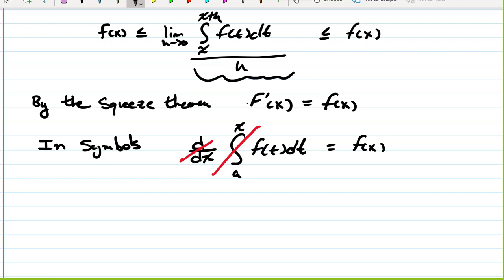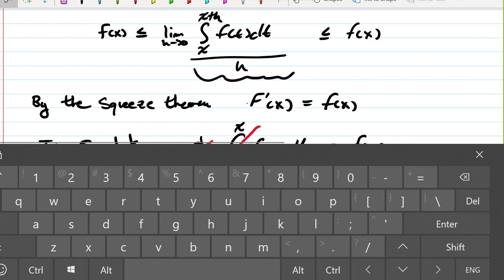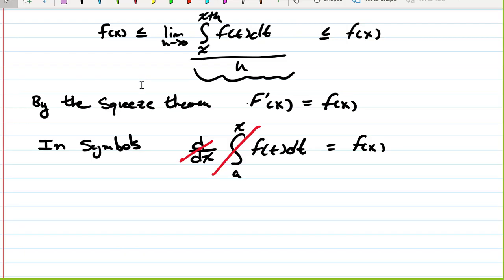So let's do some examples, because there are some fine details that we need to take care of when we do some of these problems.